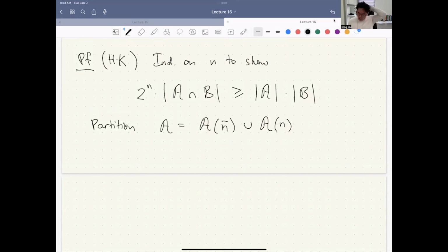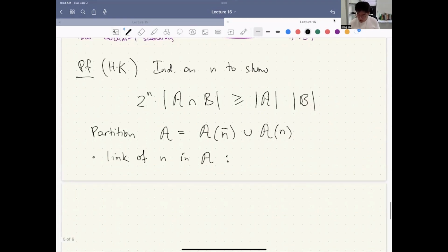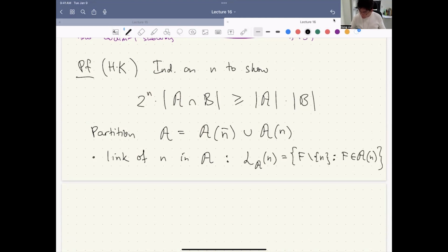And we can also define the link of n in this family A. I forgot to introduce one more notation. The link, let me use the symbol L, of n in A, is basically all sets F minus n, where F is in A_n.